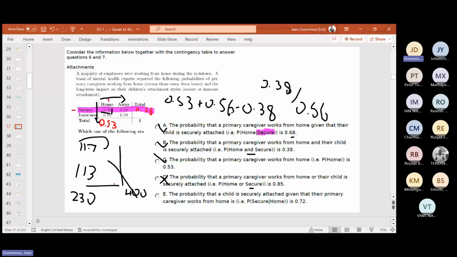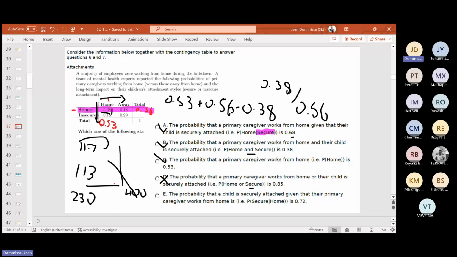And then just let's look at the last one. The probability that the child is securely attached, given that the primary caregiver works from home. So secure and home.